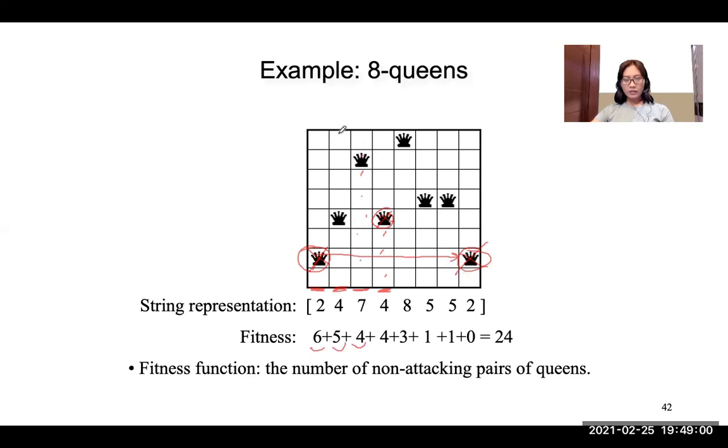Nothing can attack my queen. So I remove this from my calculation because I already calculated this. So from this position, I have 1. Okay, so this one is attacking my queen, so I disregard this one. So I count the rest 1, 2, 3, 4. So I have 4 in here.